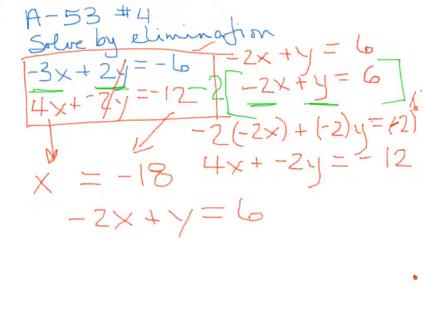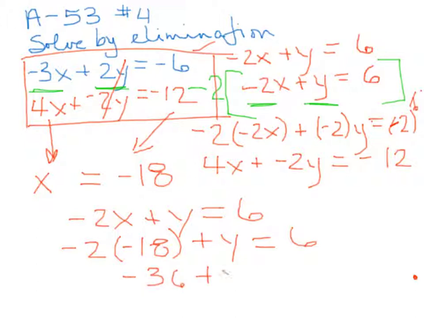And I'm going to plug in x is equal to negative 18. So that's going to give me negative 2 times negative 18 plus y is equal to 6. Well, negative 2 times negative 18 is negative 36 plus y is equal to 6.